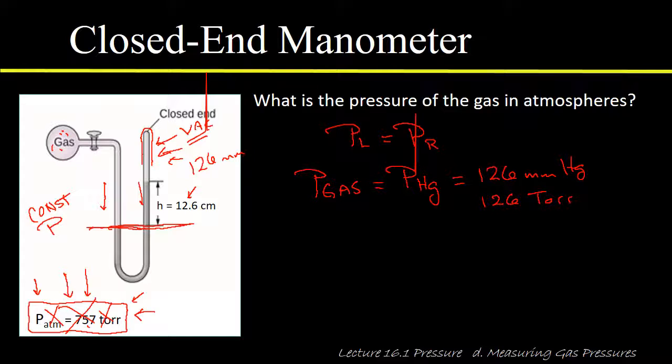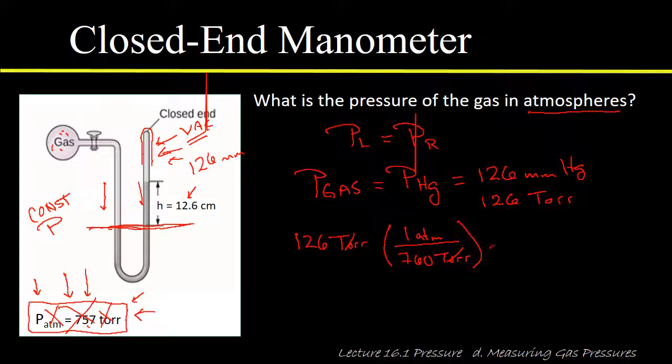All right. The other thing is, this problem asked us to give the pressure in atmospheres, so this gives us a chance to practice our conversions from the previous section and to remind ourselves, if we're converting between torr and atmospheres, there are 760 torr in 1 atmosphere.